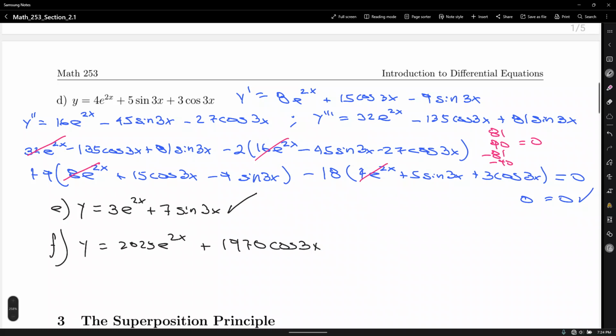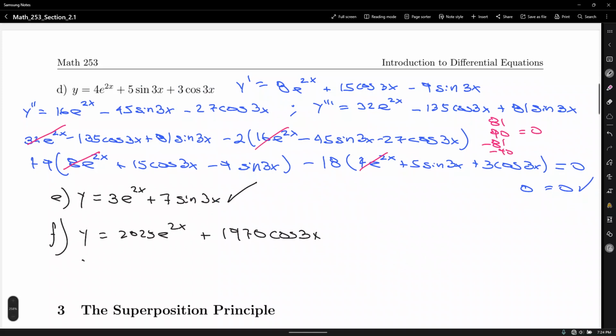That's going to be another solution to the differential equation, or simply G, y equals e to the 2x plus sine 3x plus cosine 3x. If you keep testing these other solutions, they will satisfy the differential equation.